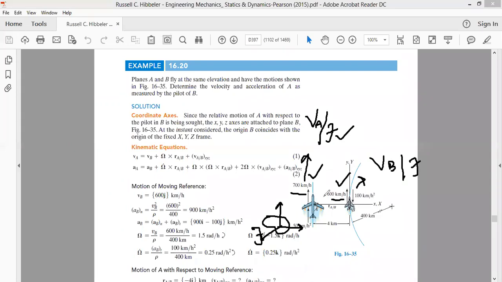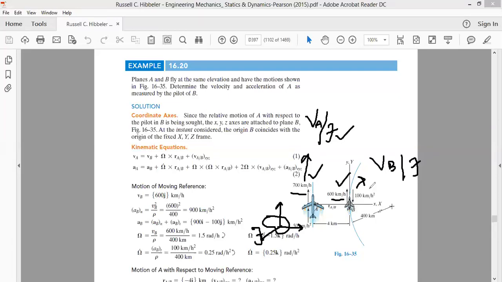Though this book is not explicitly telling us that 600 km and 700 km per hour are the velocities of aircraft B and A with respect to the ground respectively, we know that whenever it is said that an aircraft or a car is moving with a speed of x kilometer per hour or x meters per second, it is the velocity of that vehicle with respect to the ground, unless otherwise specified. In the same way, when it says 700 km per hour, it simply means it is with respect to the ground.